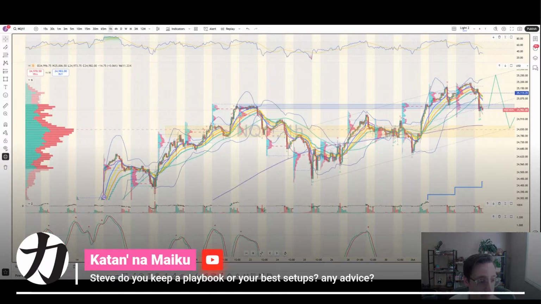Let's see. Do I keep a playbook of my best setups? Any advice? Honestly, the best advice that I got and that I can give is to just trade fewer setups. So I'm really honing it down to, okay, is there an overnight inventory imbalance that's really obvious to me? Like those gap ups where it just makes sense that we'd come back down.